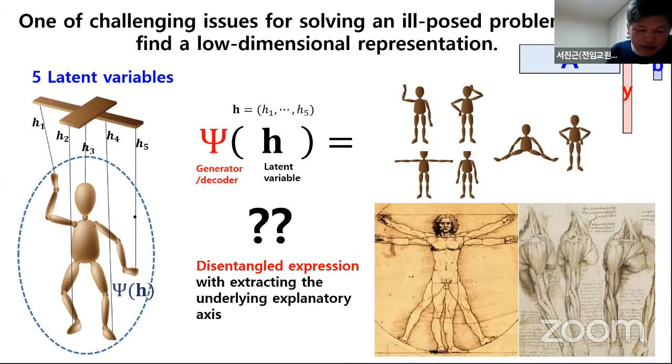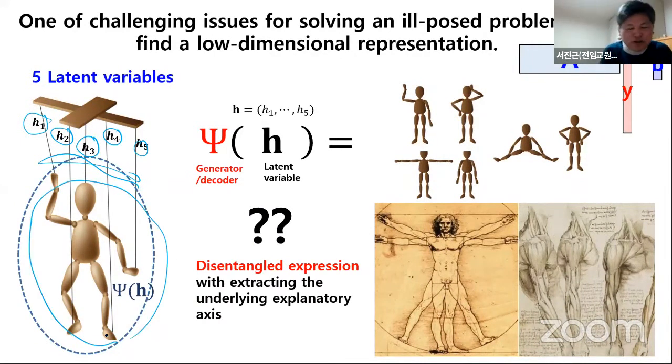Here, this one can be viewed as the latent variable. Using this, you try to represent the whole human body as small as possible. And here, this is a decoder or generator, and this one is called the latent variable.